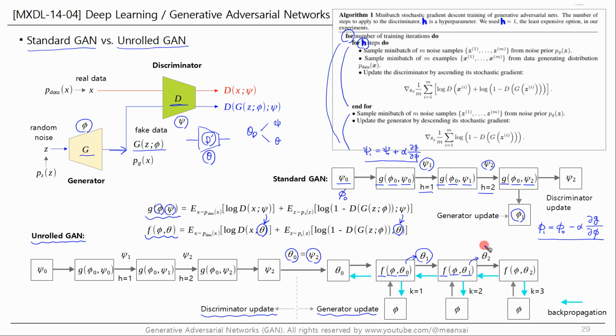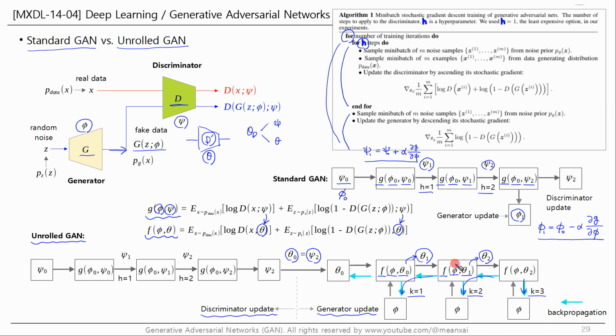Then the surrogate discriminator parameter becomes theta 2. Next, the generator parameter phi is updated as the surrogate loss f is backpropagated. This is similar to backpropagation through time in recurrent neural networks. This is an unrolled GAN consisting of 3 unrolling steps.